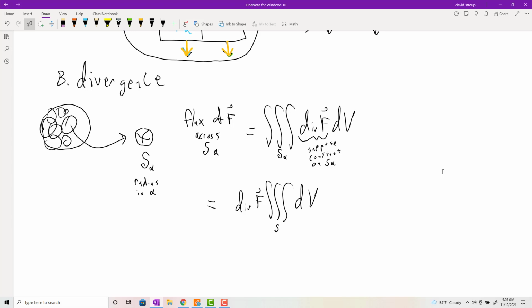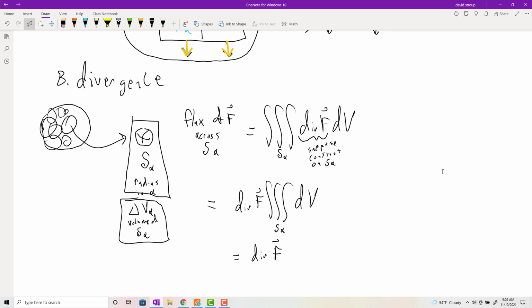Then that triple integral is basically just the volume of that little sphere with radius alpha. So the flux equals the divergence of F times whatever the volume is, so 4/3 pi r cubed, in this case 4/3 pi alpha cubed. Okay, we'll just call that delta V sub alpha.